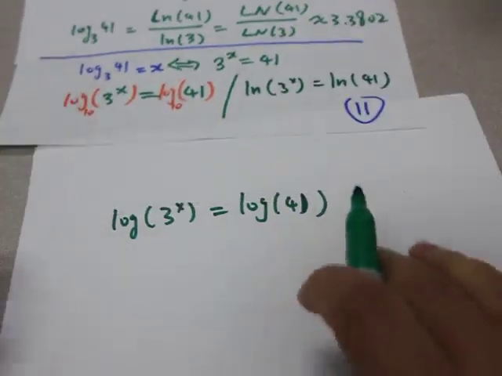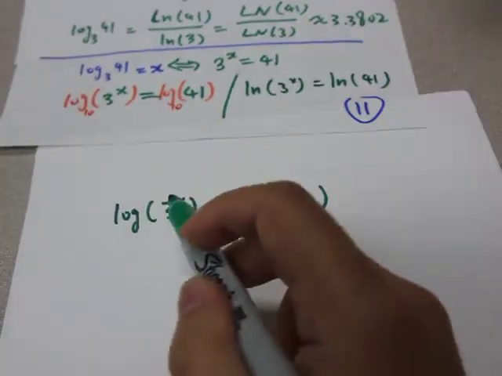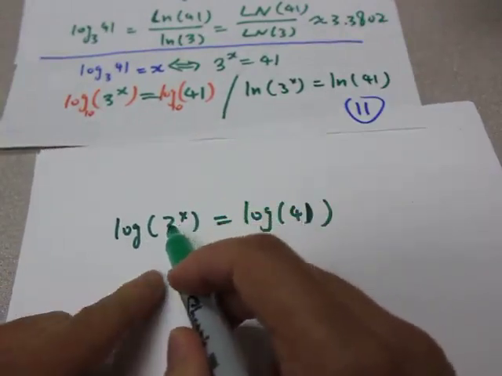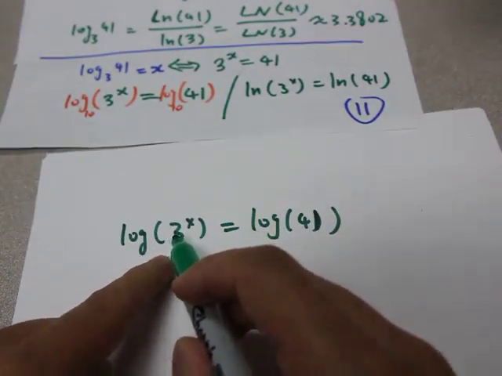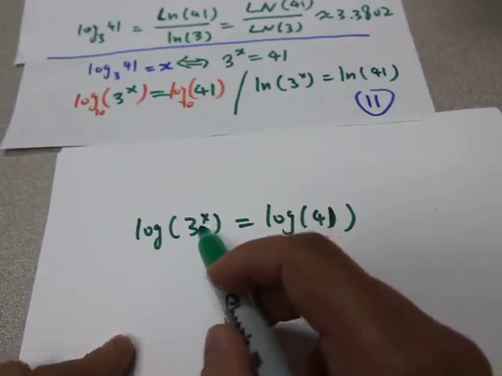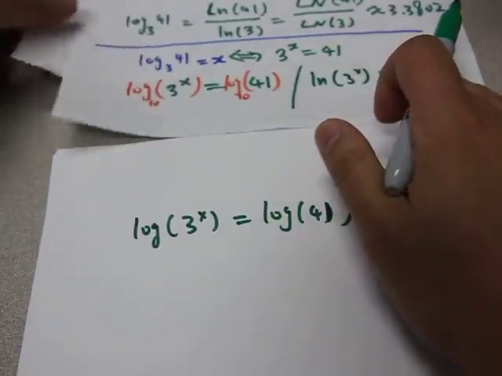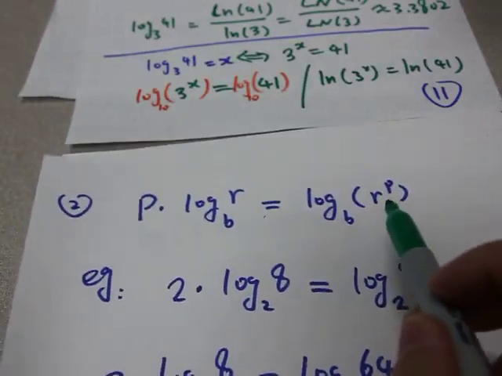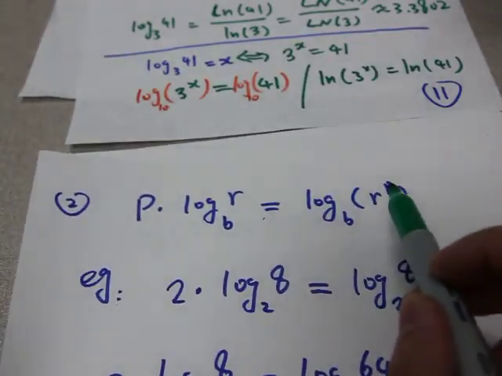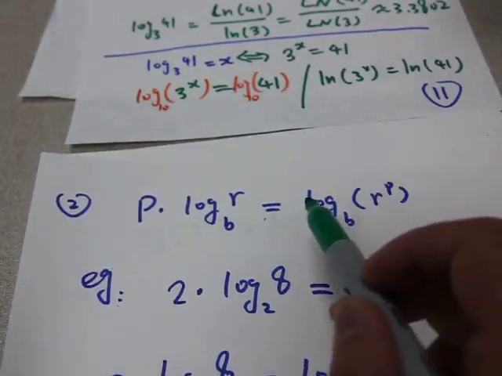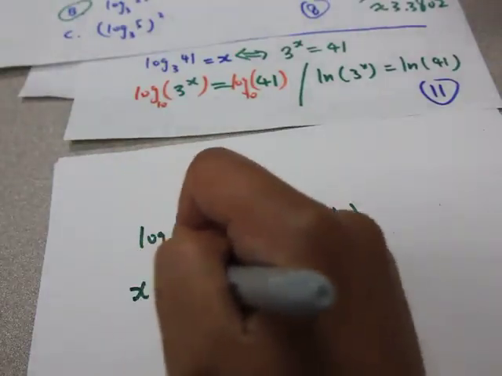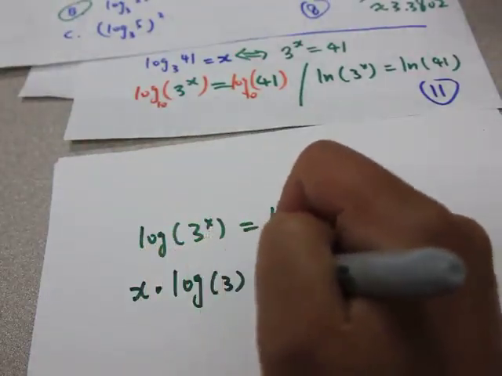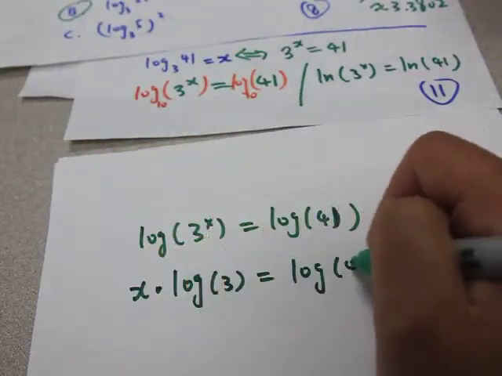Then, because the power of 3 is x, if we apply this property, we can bring the x and put it in front of this logarithm. So we have x times log 3 equals log of 41.